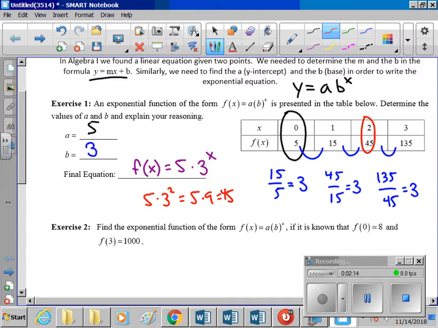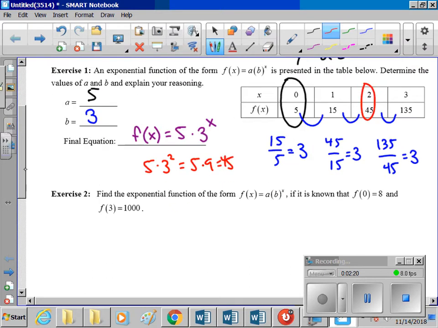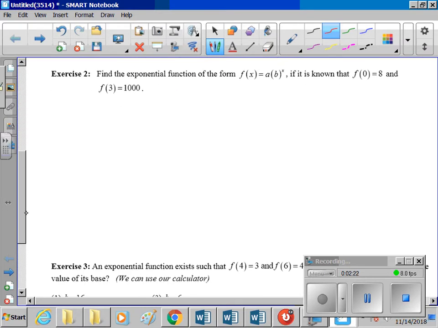All right. So from the table is pretty straightforward. Where it gets a little more complicated is when we have just 2 points. So let's find the exponential function of the form f of x equals ab to the x again, if it is known that f of 0 equals 8, and f of 3 is 1,000. Okay, that's a little trickier.